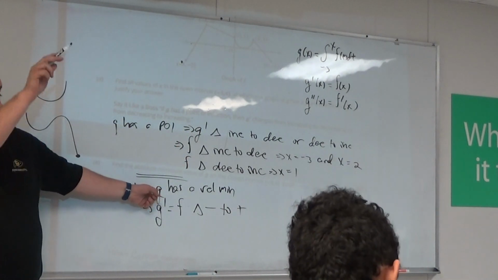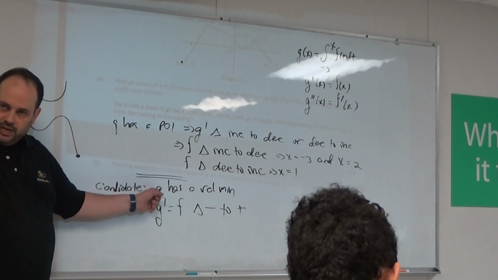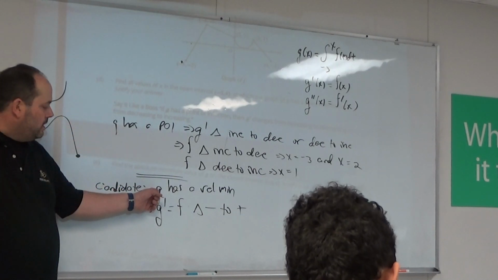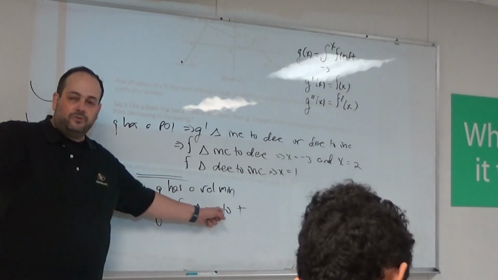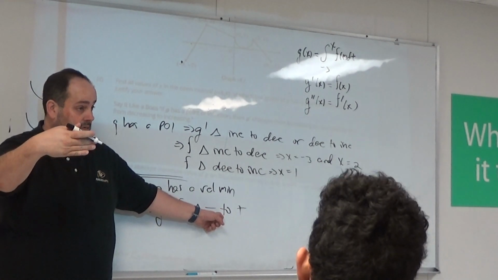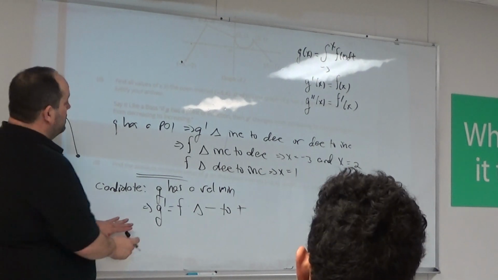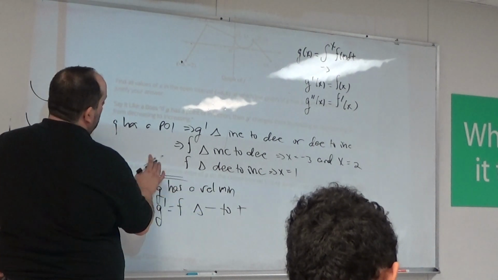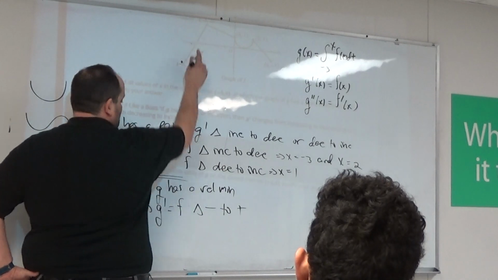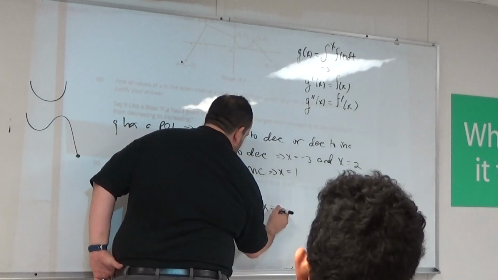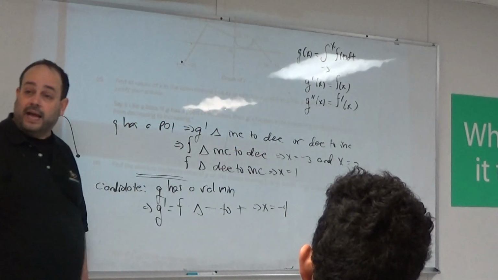G has a relative min because G changed from decreasing to increasing, which means G prime just changed from negative, below the x-axis, to positive. Where does that happen? -4. Negative to positive. That just happened at x equals -4. That's your candidate.